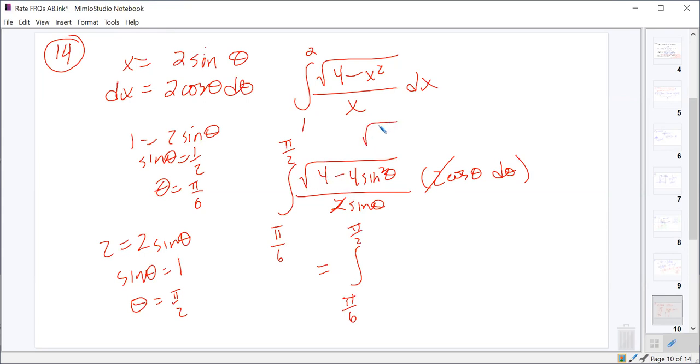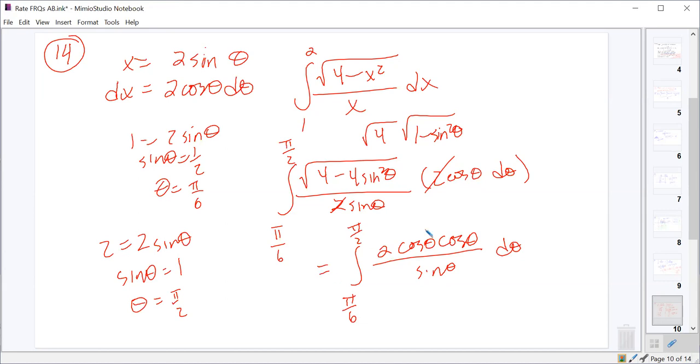This becomes square root of 4 times square root of 1 minus sine squared theta. Square root of 4 is 2. 1 minus sine squared theta is cosine squared theta. And the square root of cosine squared theta is cosine theta. And we got another cosine theta. And then we got an over sine theta, d theta. And that ought to be enough to take a look at it. Looks like that's choice C.